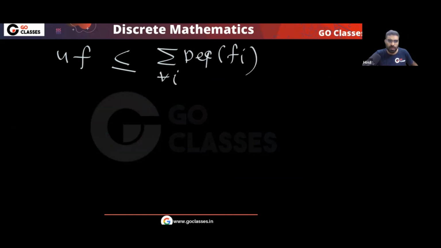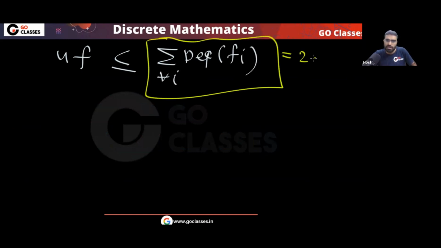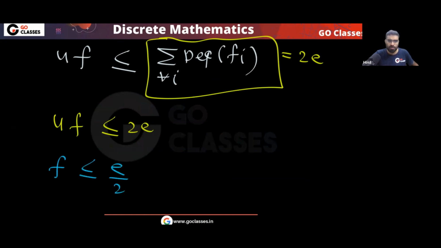Yes or no? The degree of every face is at least 4, so if I take this minimum, it will be less than or equal to the actual value. And this actual value is 2e. So I can say 4f is less than or equal to 2e. From here, f is less than or equal to e by 2.